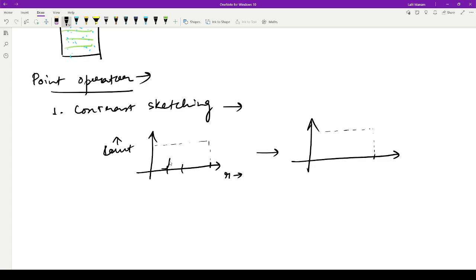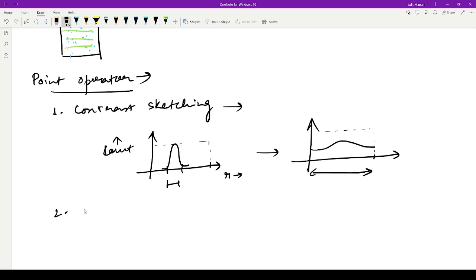If you have an image which has contrast like this, you might want this specific range to be increased such that it covers the whole pixel intensity space. So you want something of this sort. It may not be exactly uniform, but it is close to uniform. Now the minimum and maximum values are also stretched. So this is what contrast stretching means.